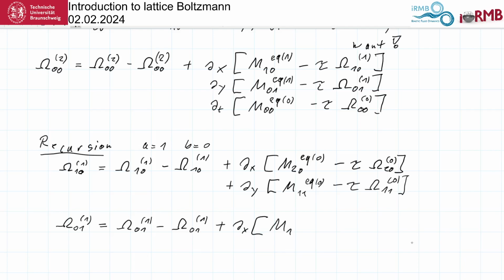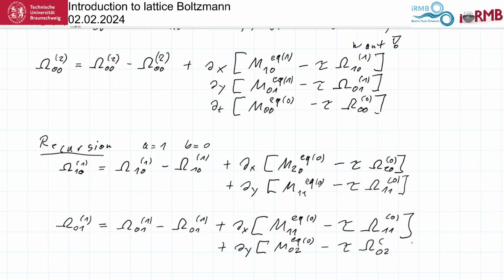The first index was 0, so it's 1, 1, equilibrium 0, minus tau omega 1, 1 to order 0, and then dy. So starting from 0, 1, counting up the second index is 0, 2, equilibrium 0 order minus tau omega 0, 2 to 0 order. Okay?